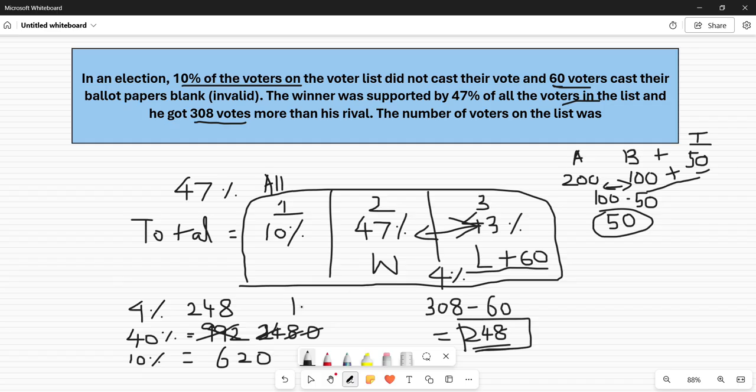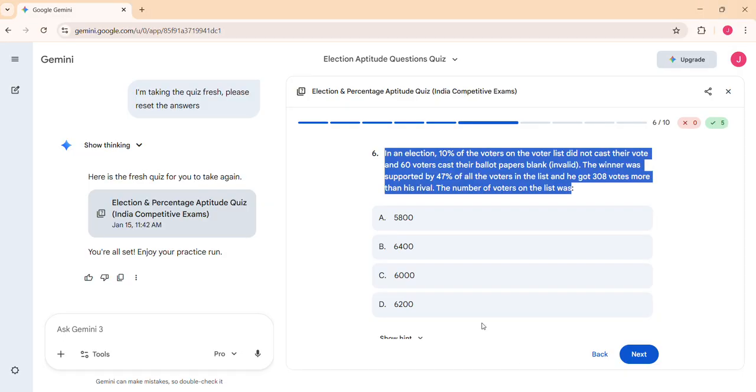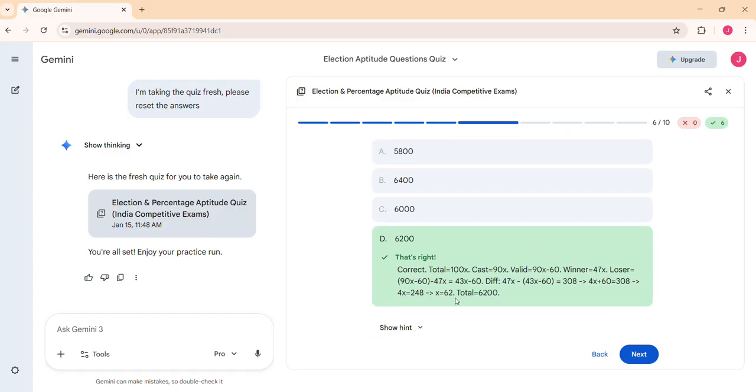So your 100% is 6200. So this 100% is the total voters on the list, correct? Let's verify your answer. Yes, correct. So it's 6200.